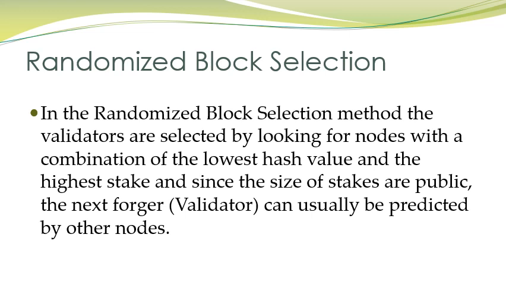So this is not a very good algorithm, because who will become the next validator can be easily predicted. The node holding the maximum currency and having the lowest hash value will become the next validator in the proof of stake algorithm. So the next algorithm for selecting a node who will become the validator is coinage selection.